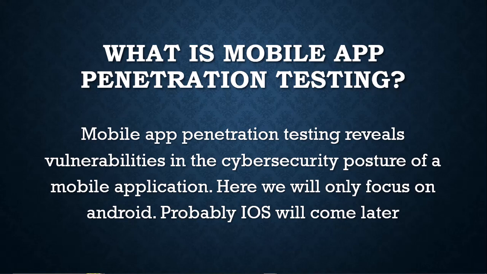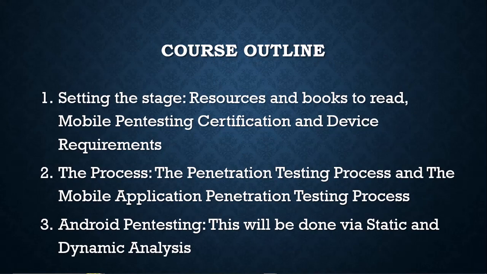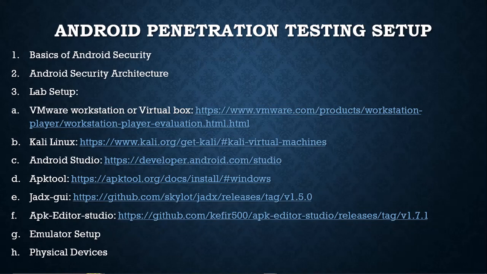I also covered the course outline, the testing process you're going to use, both dynamic and static, and how to set up the stage. I showed you the tools you're going to need, the setup, and the basics of Android security. You need Android Studio, APK tool, JADX GUI, and APK editor, which I'm going to show later. I don't want to show you all the tools, only the important ones.